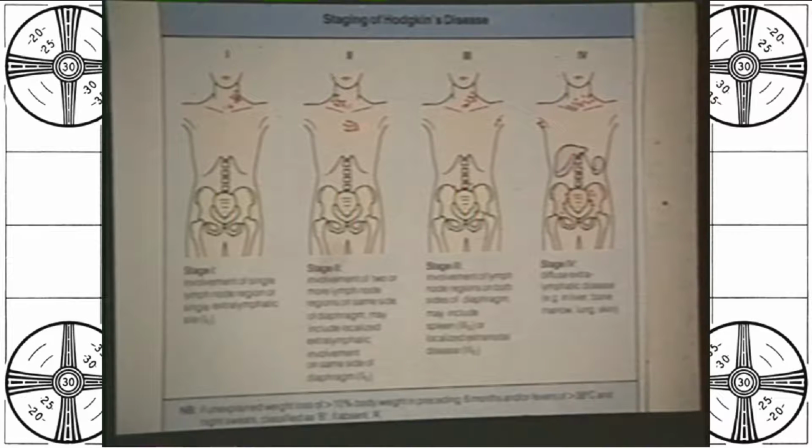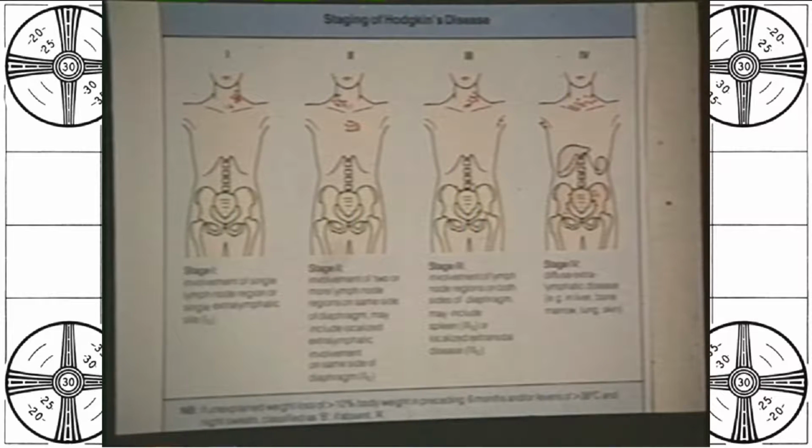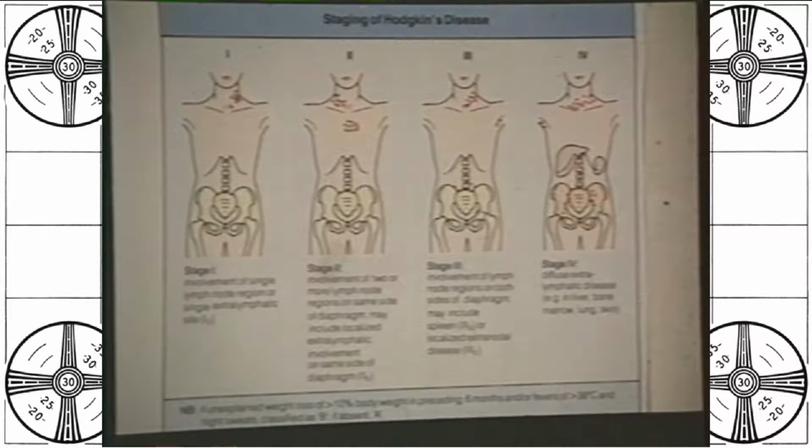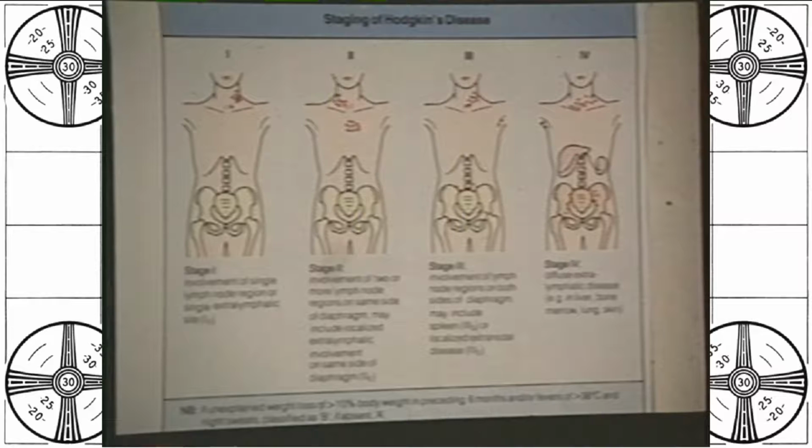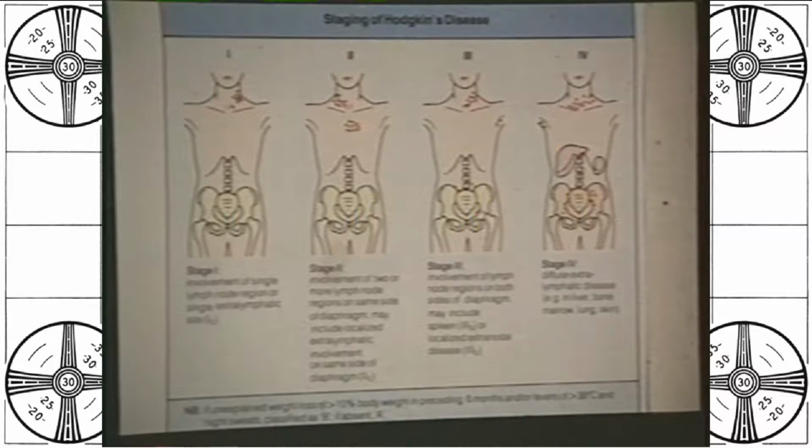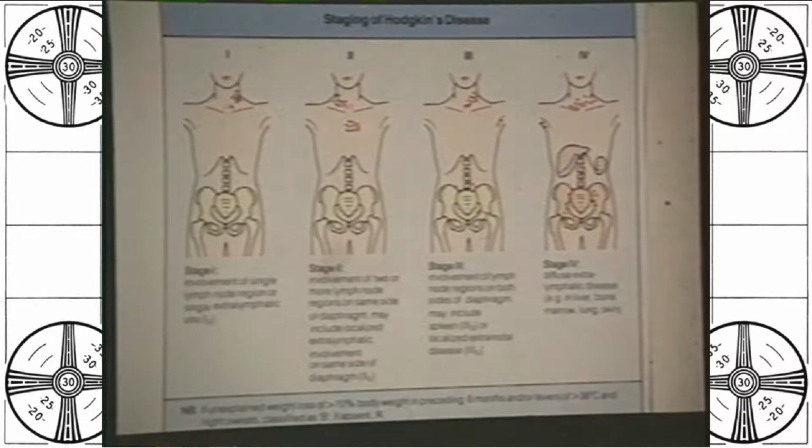Now it's a tough one. Let's say a patient has a pulmonary mass and has mediastinal adenopathy, and both of them are Hodgkin's. What stage are those? That's the toughest one, so if you bat that one out, I'm gone.